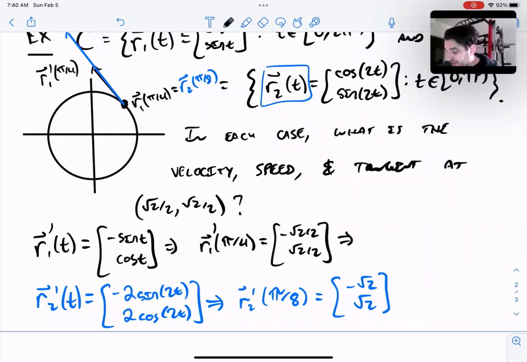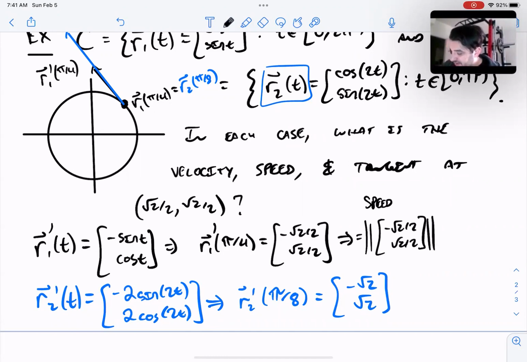If you say what is the speed for R1 at that point, right? Speed here is going to be the square root of the sum of squares, right?